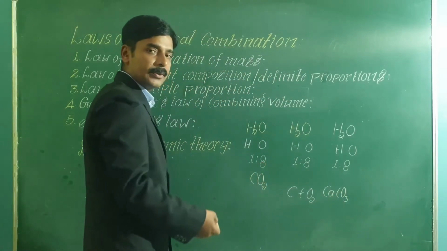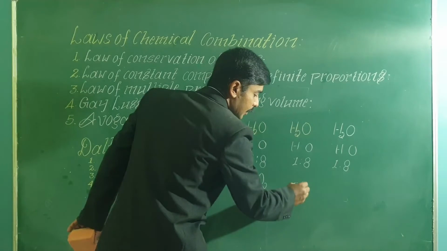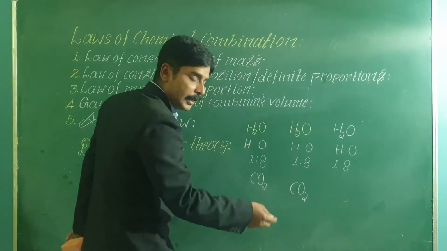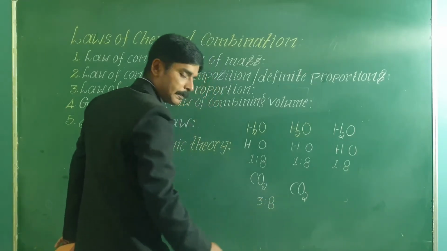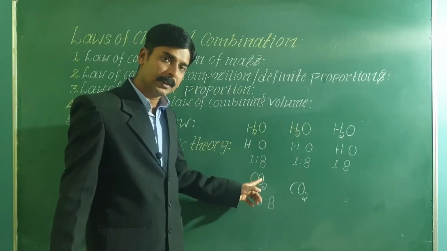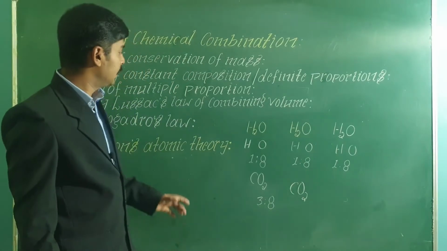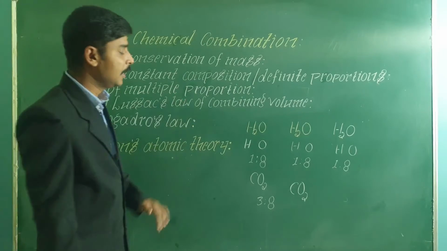All this carbon dioxide obtained from different methods will contain the same elements combined in the same ratio by mass. See, they contain carbon and oxygen combined in the ratio 3:8. Okay, next, the third law is the law of multiple proportion.